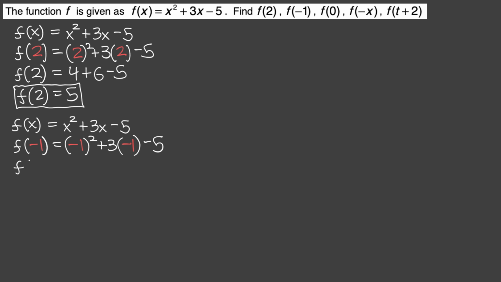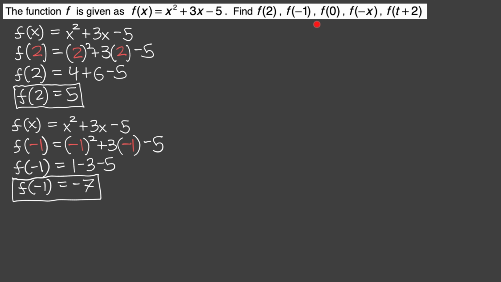All right, so we simplify. f of negative 1 equals negative 1 squared, which is 1, and then 3 times negative 1 is negative 3, so we have 1 minus 3 minus 5. 1 minus 3 is negative 2, minus 5 is negative 7. So f of negative 1 equals negative 7.